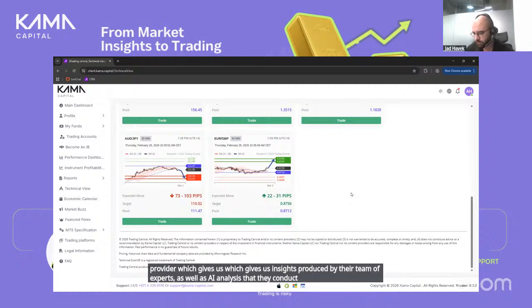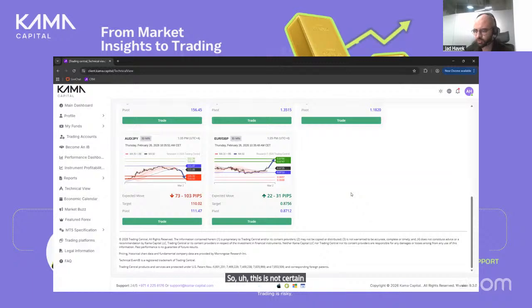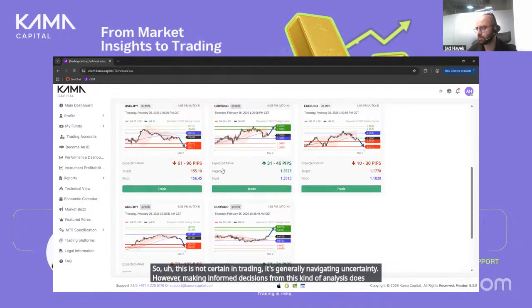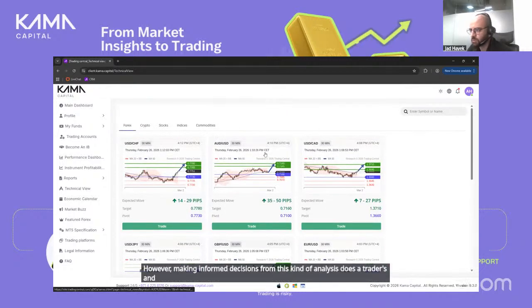The purpose of this is to provide you with an educational foundation through which you can start trading. This is not certain. In trading, it's generally navigating uncertainty. However, making informed decisions from this kind of analysis does help traders in their trading with us.